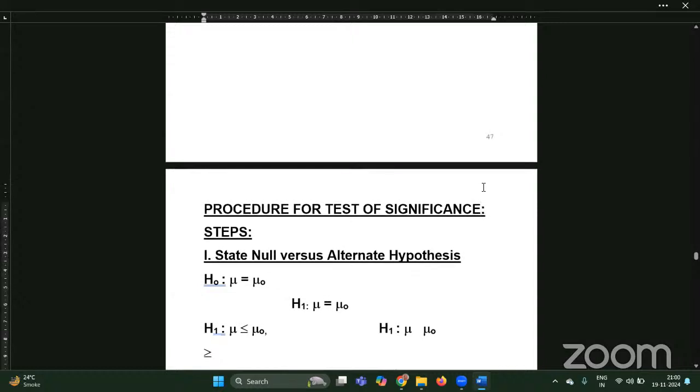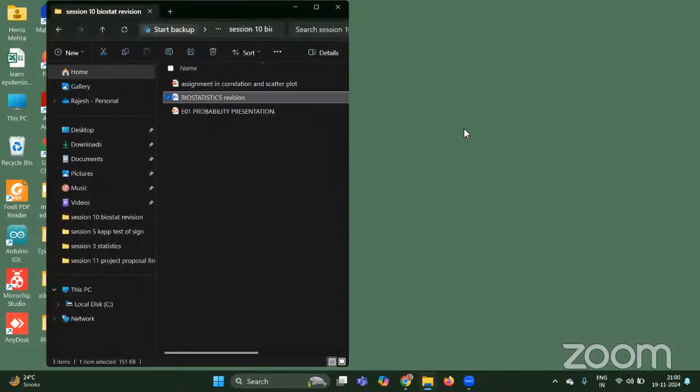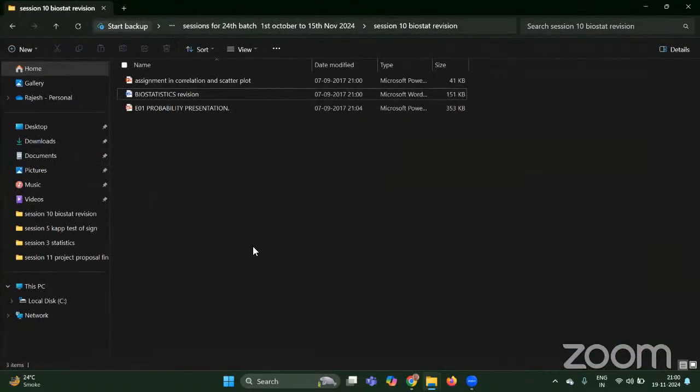A few other points we'll be taking next time. If someone else is ready to present, we'll do that. Next time I will be talking about the diagnostic flowchart again. I will give you a few examples: in this case, which test you are going to use and how you are going to use it.